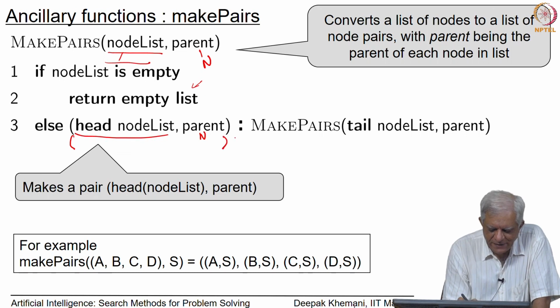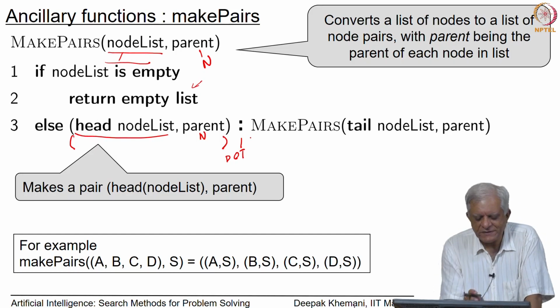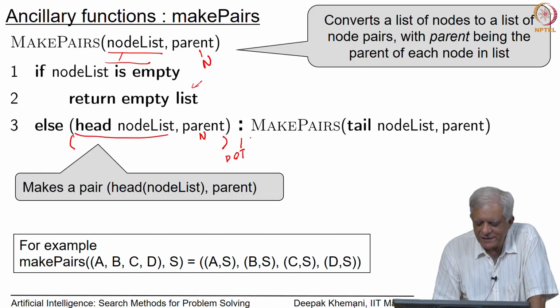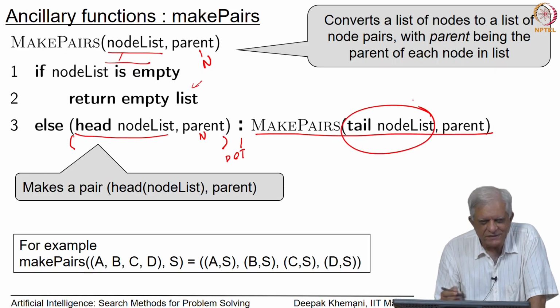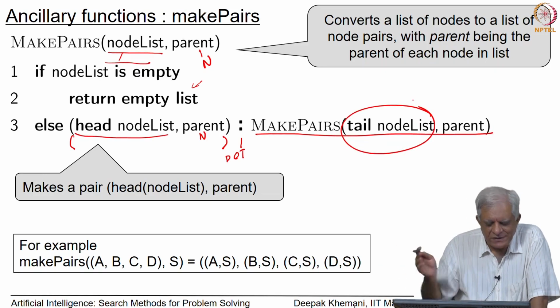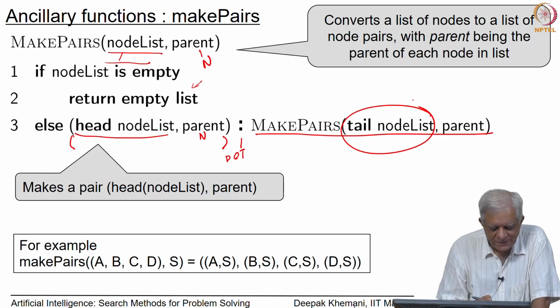This pair is made by using these brackets here, and we add that to the head. Remember, this is a dot operator, which makes a list, which distinguishes the head and the tail of the list, and we do the same thing for the tail of the node list. So, recursively we traverse down the node list, constructing the node pairs one by one essentially.